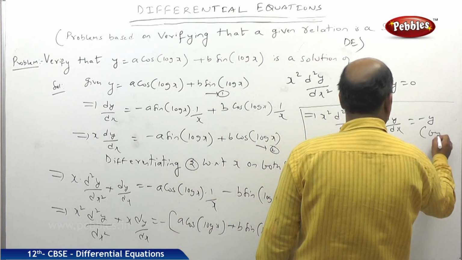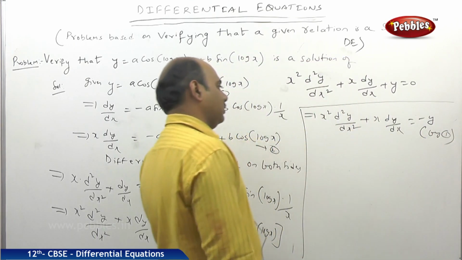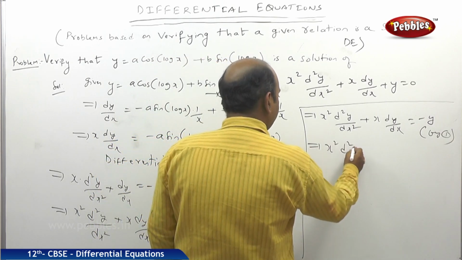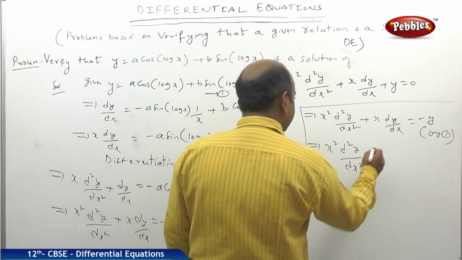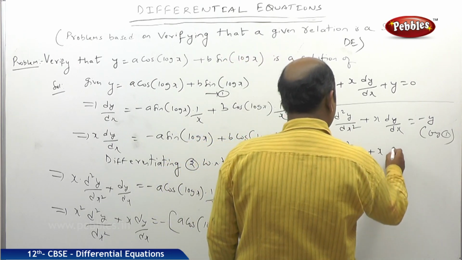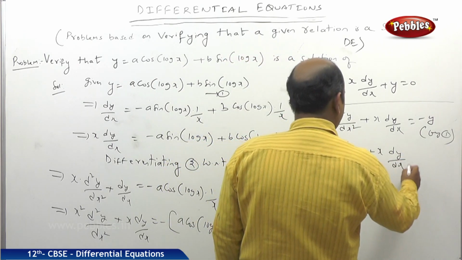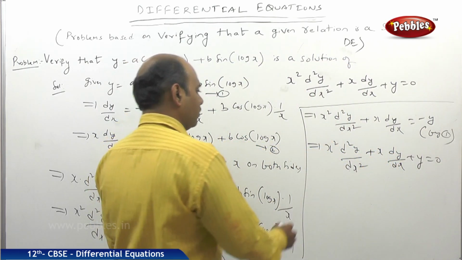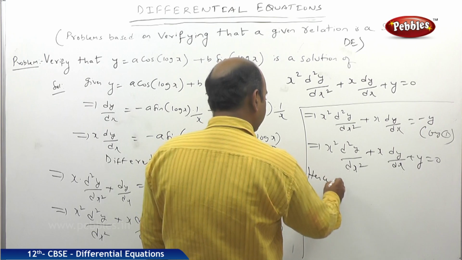How you got it, you can call it by 1. So finally, x square d square y by dx square plus x into dy by dx plus y equal to 0. Hence what conclusion can I give?